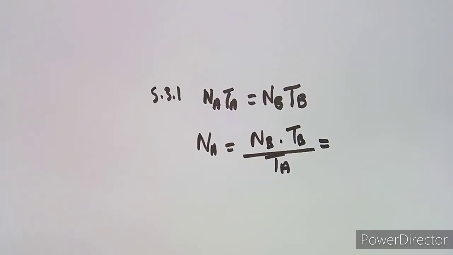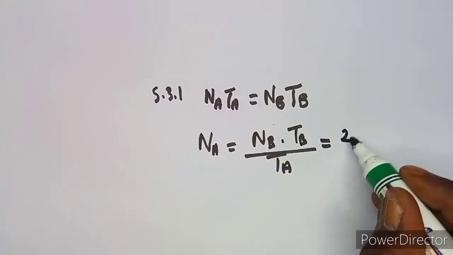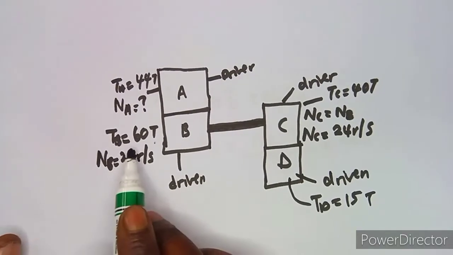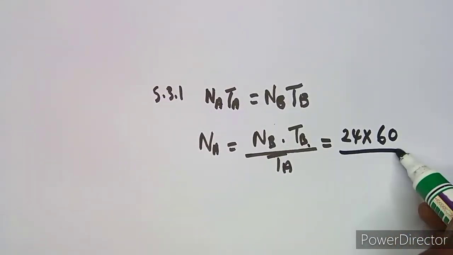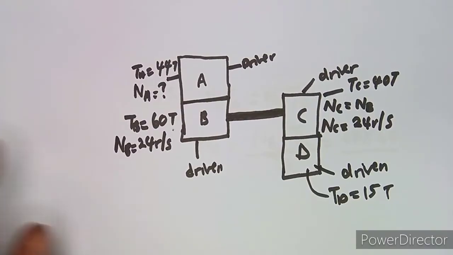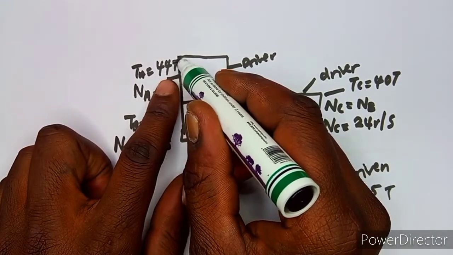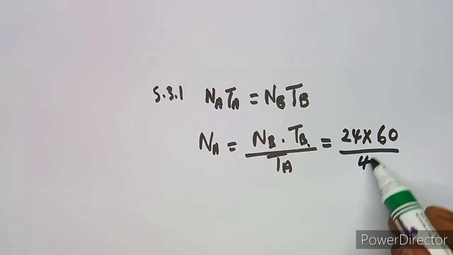Remember, we are given NB, it's 24. So we've got 24 times TB, which in this case is 60T, so 60 over TA. What do we have there on TA? Our TA in this case is 44T. This is a T, guys, take note. So it's 44.